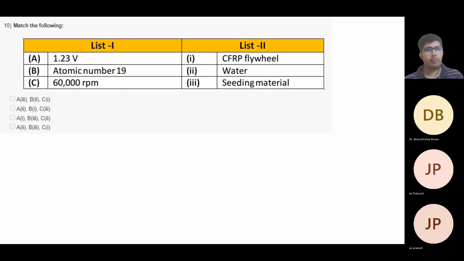Question number 10. Match the following. 1.23 volt, atomic number 19, and 6000 RPM; with AFRP, flywheel, water, and seeding material. Take 2-3 minutes to answer.